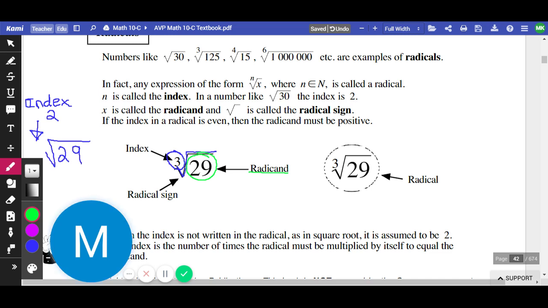There's one other term that I want to go over that's not on this. So if you had a root, let's do this, cube root of 29.